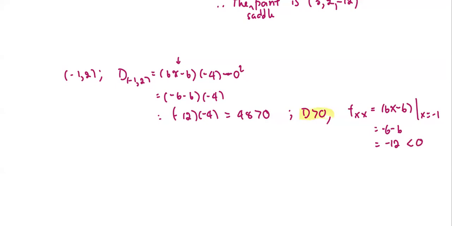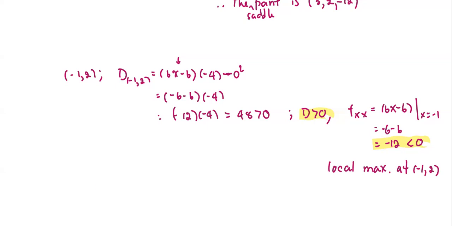Since D is greater than 0, and the second partial derivative with respect to x is less than 0, there will be a local maximum at (negative 1, 2). So make a note here: local maximum at (negative 1, 2).